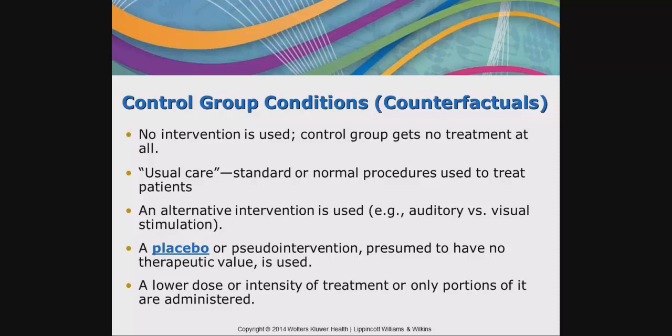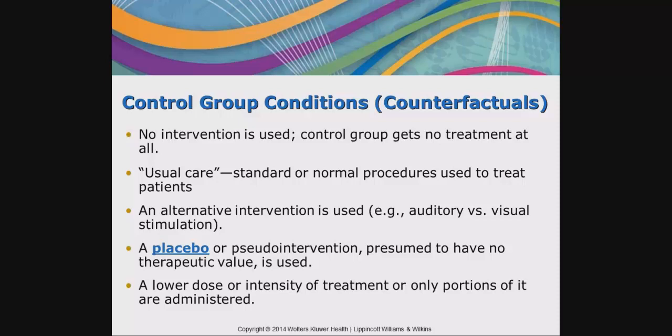Now, you'll see the last, sometimes they'll use placebo or something with no therapeutic value, and that happens. And sometimes this is the area you have to really use caution in terms of the ethical principles that we have already covered.